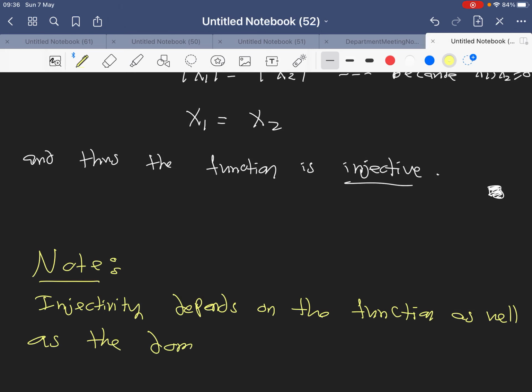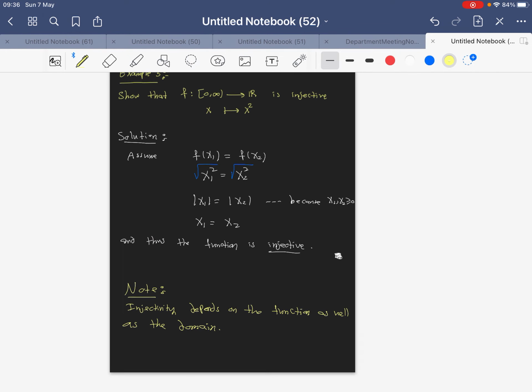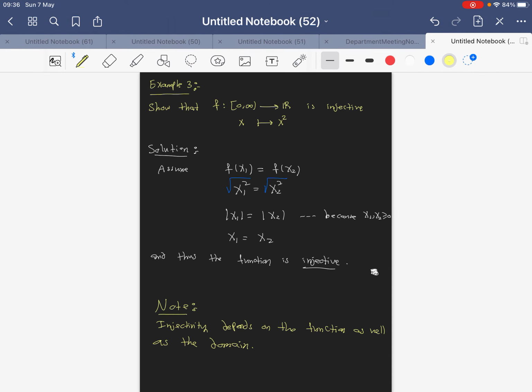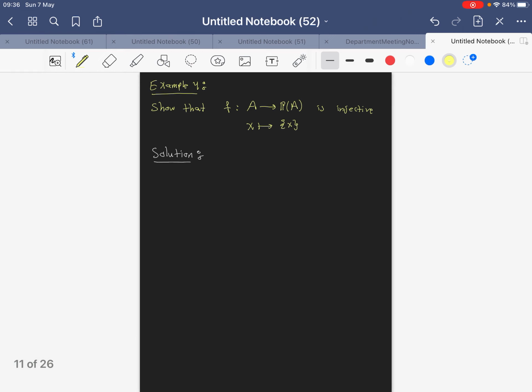Sometimes changing the domain will change the function from injective to not injective, or not injective to injective. And this is example number 3. Please pause the video, try to figure it out before we move to the last example in the injective section, which is example number 4.